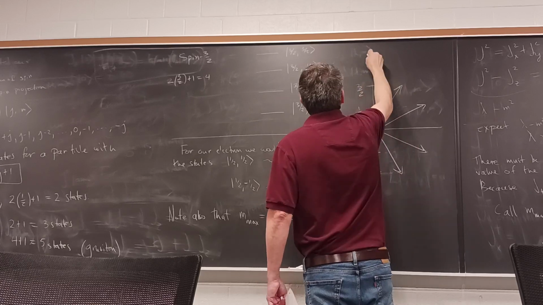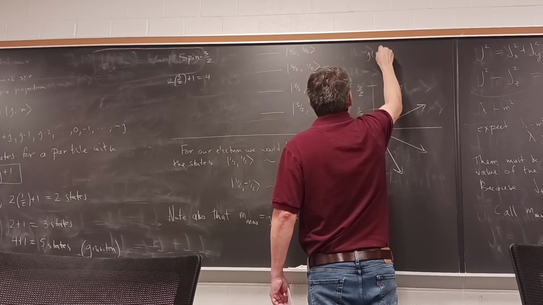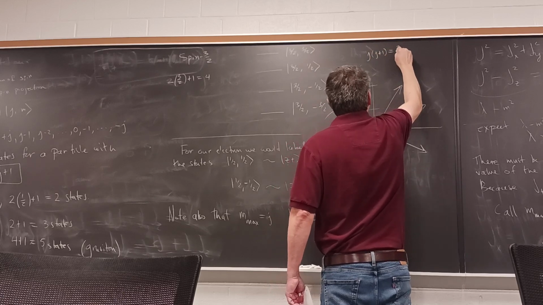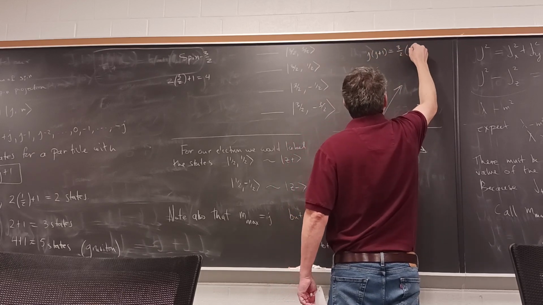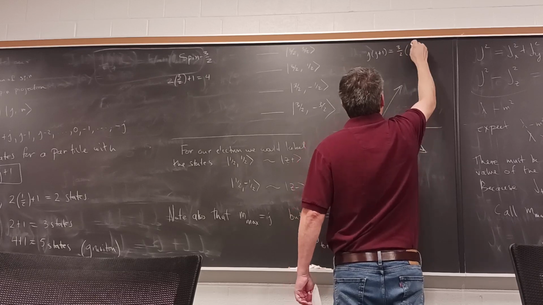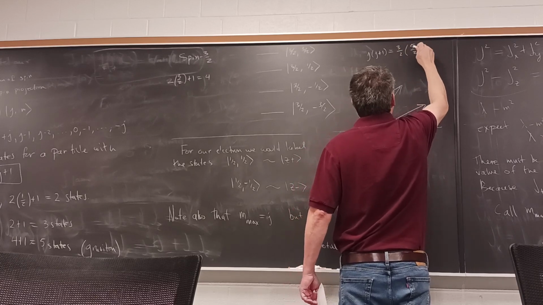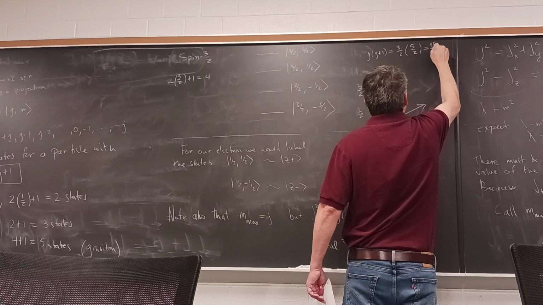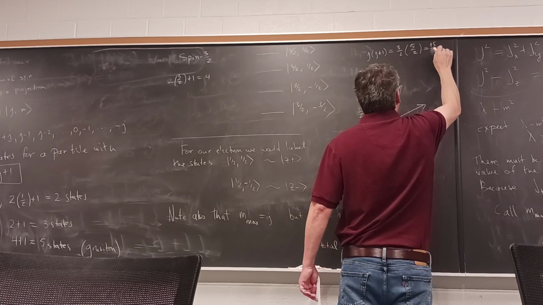But J plus 1 in this case, it's a 3 halves spin. 3 halves plus 1 is 5 halves, so this is equal to 15 halves.